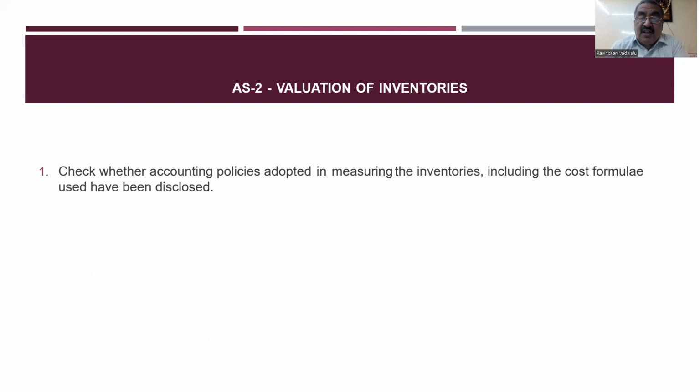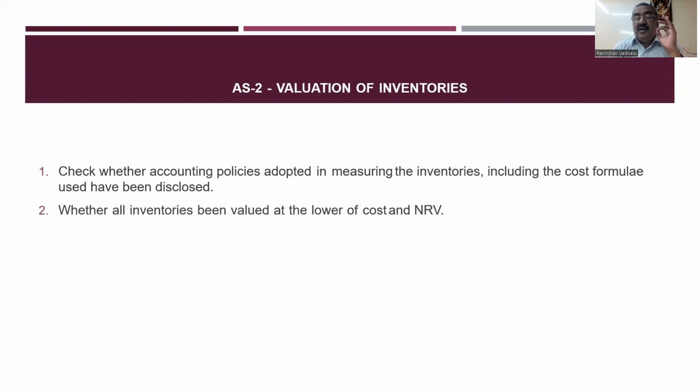That is, check whether the accounting policies adopted in measuring the inventories, including the cost formula used, have been disclosed. How they have arrived at the inventory valuation has to be clearly maintained by the company, and the practice unit has to verify it at the time of doing the audit. What is the method of valuation?